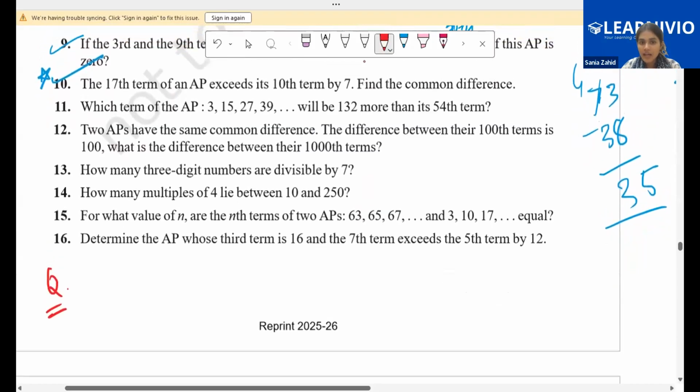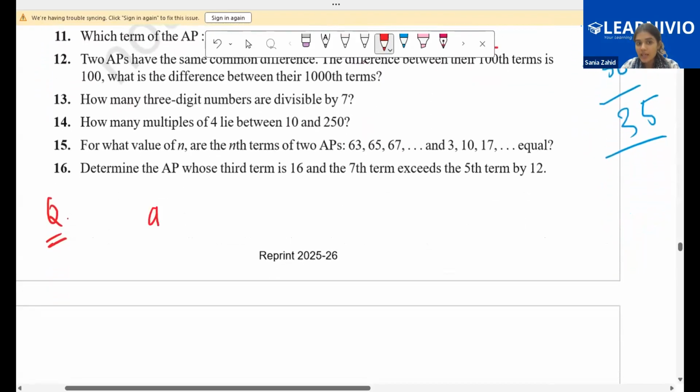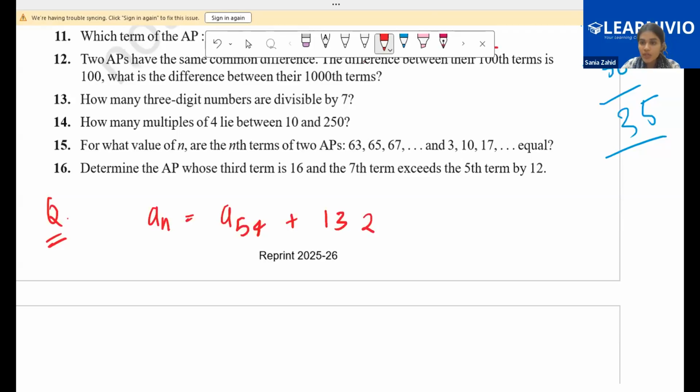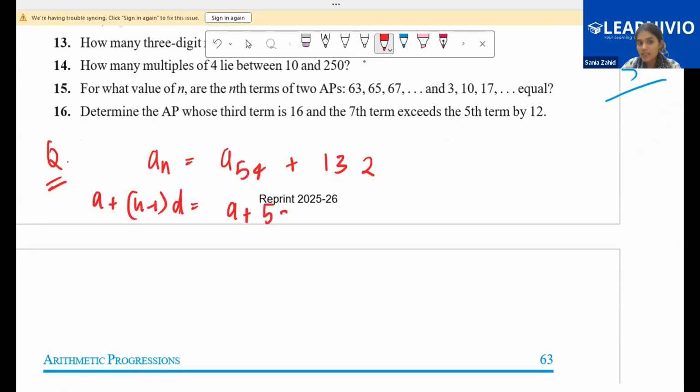It says which term of the AP will be 132 more than the 54th term, right? So AN is A54 plus 132. AN should be A plus N minus 1 D, equal to A plus 53D plus 132. You can cancel A and A. So you get N minus 1 D equals 53 D plus 132.